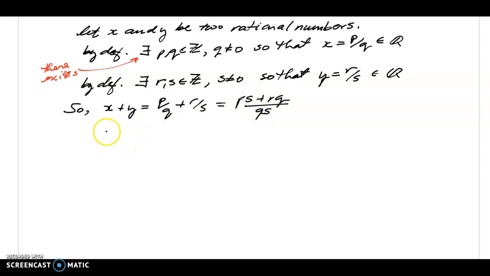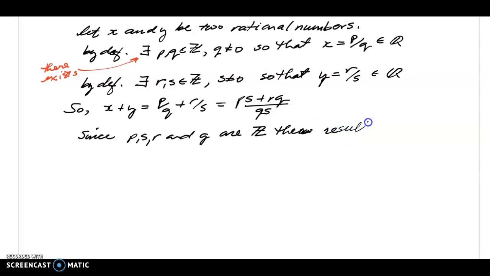We can simplify this. Since p, s, r, and q are integers, the result is also an integer.